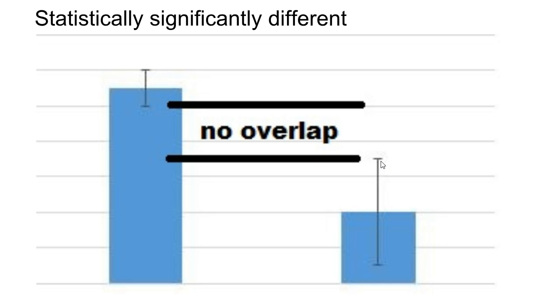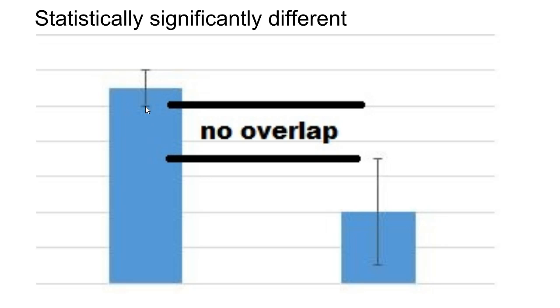So if I follow this line across, I can see this standard deviation line, the very top of it, does not cross the standard deviation of the other data set at all.